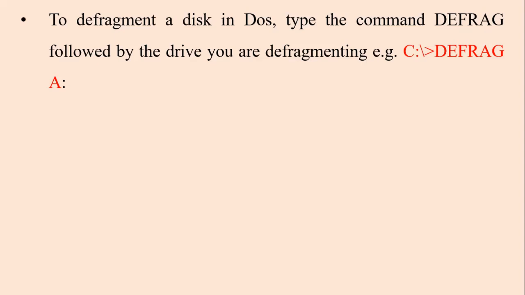If it is a floppy disk, type defrag space A:. If it is the hard disk, which is C:, type defrag space C:. If it's a flash disk, which is in drive E, type defrag space E:, and you press enter.